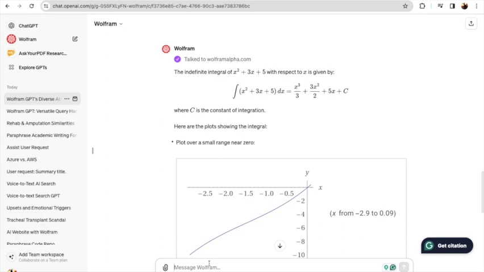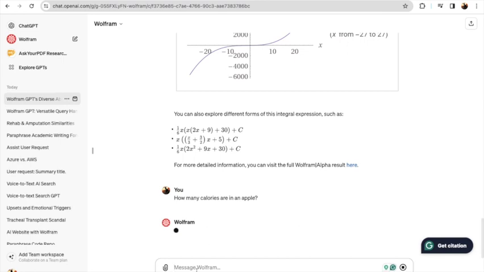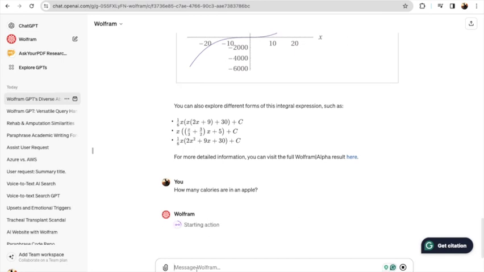All right, maybe we can ask it something like, how many calories are in an apple? Let's see what it says to that. It's as simple as it can get. Or maybe we can ask it something more complex, but let's see what's the detail that it goes into.